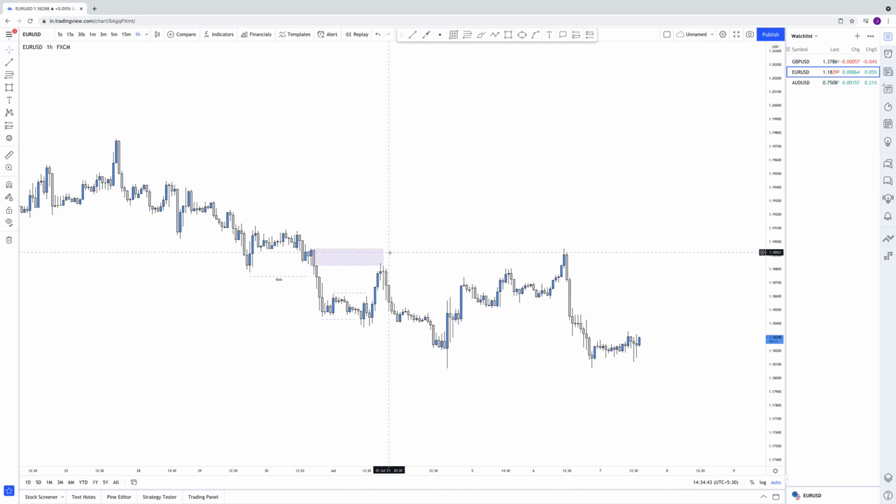So what does that mean? Well, if I look at this area, look how price came in again. Say, what is that? So the 1st of July to, not even a week.